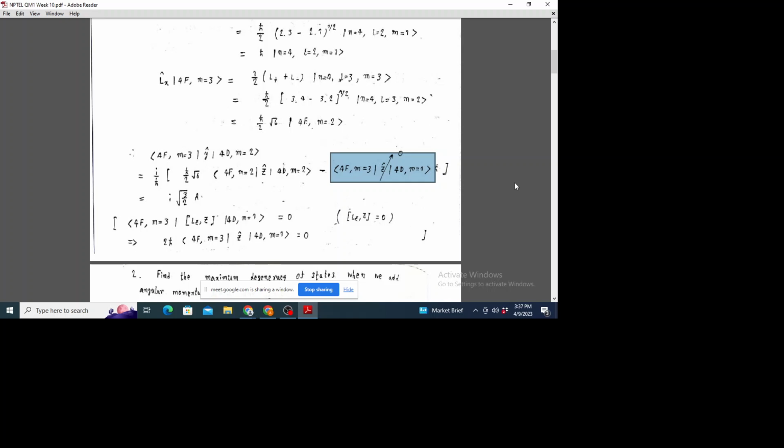So since they are orthogonal eigenstates of LZ, that means they also diagonalize this Z cap operator that commutes with LZ, and since these two eigenvalues are different, like they are mutually orthogonal, that means the matrix element of Z between these two eigenstates that correspond to two different eigenvalues of LZ will be 0.